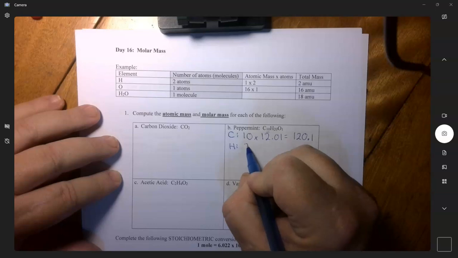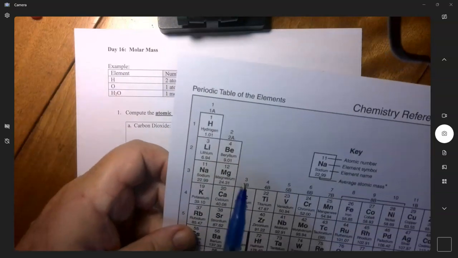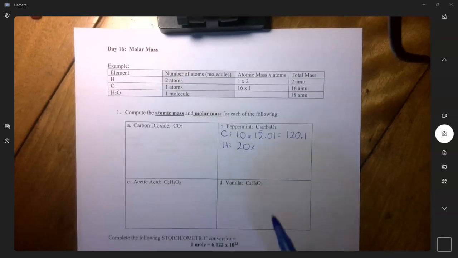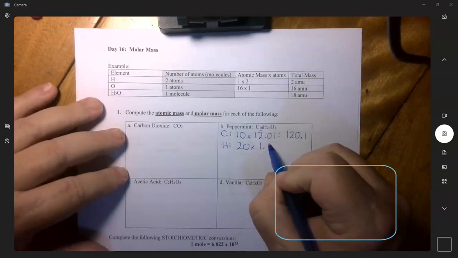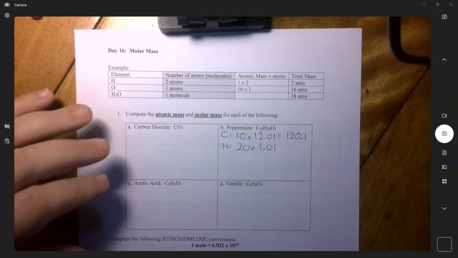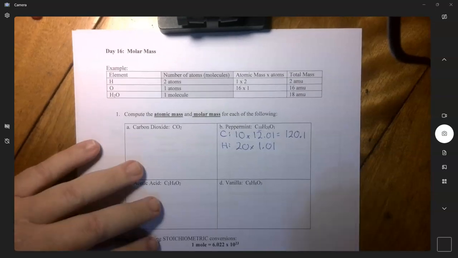Okay. All right. Next is hydrogen. 20 of those. And off the periodic table, you get the atomic mass of 1.01. And that gives you 20.2.